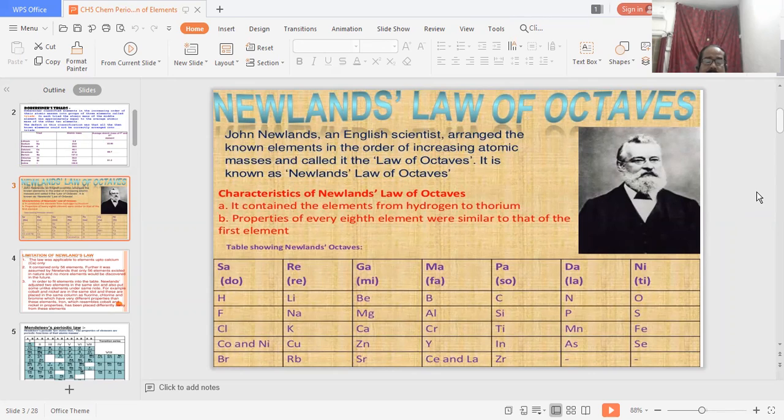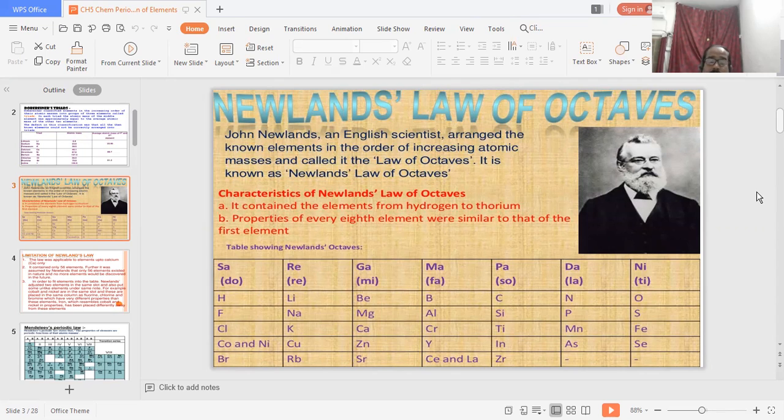Suppose the first element is hydrogen, then lithium, beryllium, boron, carbon, nitrogen, oxygen. After oxygen comes fluorine. So according to Newlands, fluorine is similar to hydrogen.